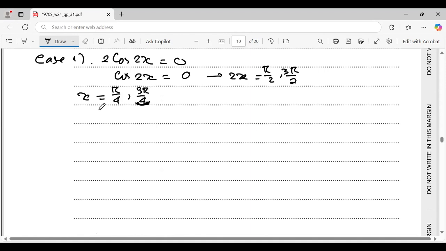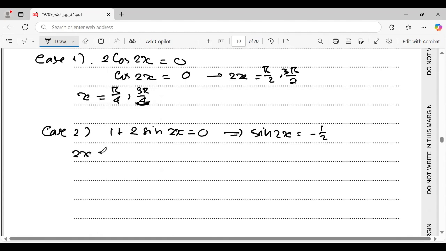Now we're going to use the second case, case 2, that 1 plus 2 sin 2x equals 0. So sin 2x equals minus 1/2. So 2x equals 7 pi over 6 and 11 pi over 6.